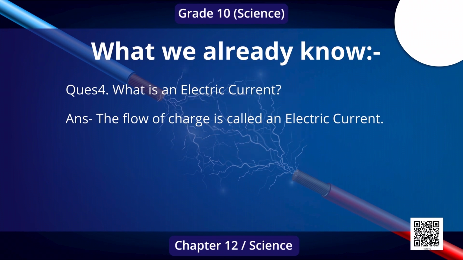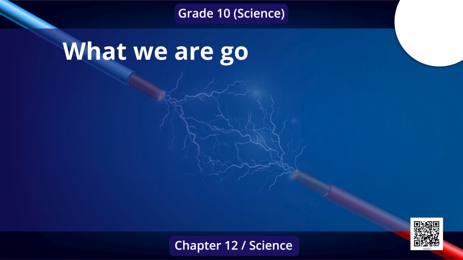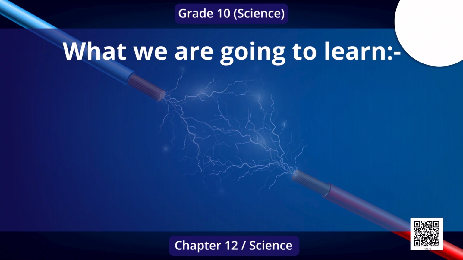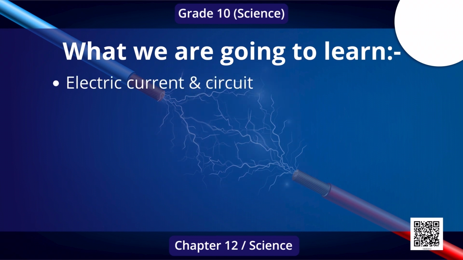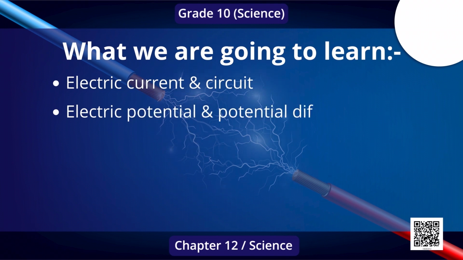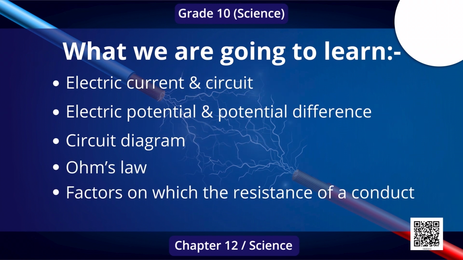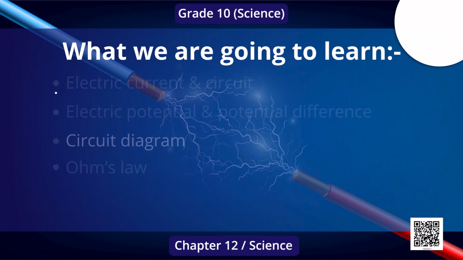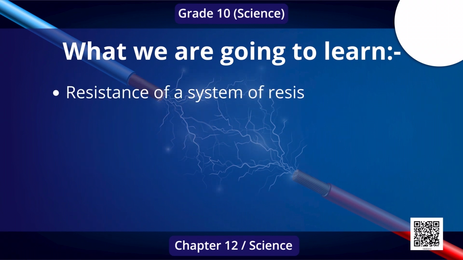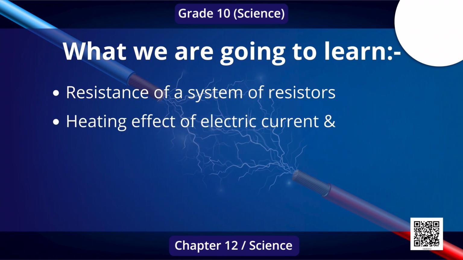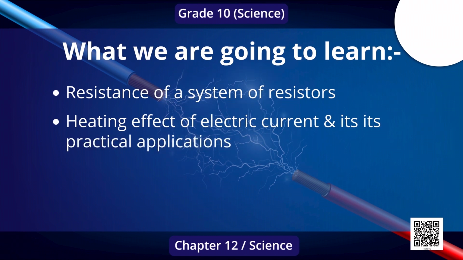Dear children, let us now see that what new we are going to learn today in this chapter. Today we will learn about electric current and circuit, electric potential and potential difference, circuit diagram, Ohm's law, factors on which the resistance of a conductor depends, resistance of a system of resistors, heating effect of electric current and its practical applications.